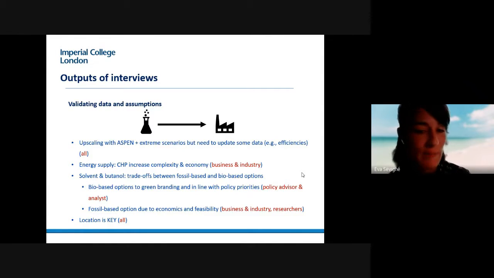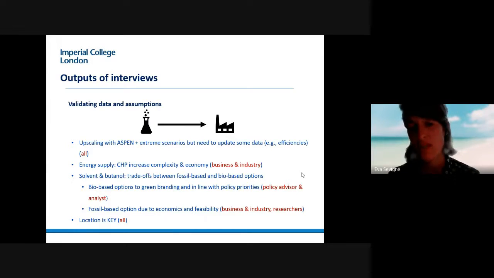So, a summary of this part. Policy advisors and policy analysts believed that we needed to use bio-based options, regardless of the economic price, because this is more in line with policy priorities and with the goals of the European Green Deal. Representatives from business and industry and also researchers believed that in the medium term, we can use fossil-based options just to have products that are competitive in the market.